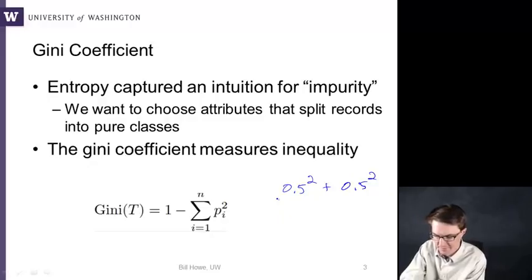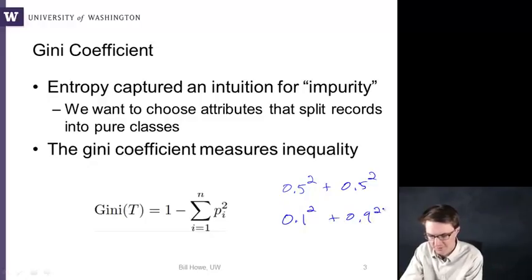But if you have 0.1 squared plus 0.9 squared, well, that's going to be a lot smaller. So 1 minus that will be much bigger. Okay.